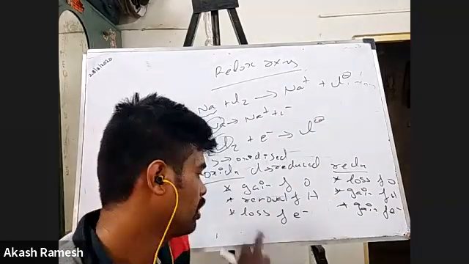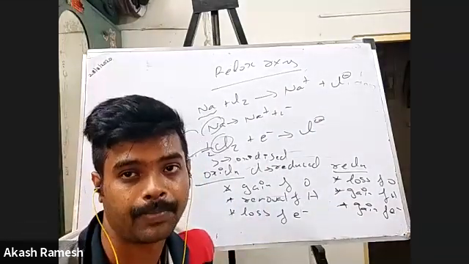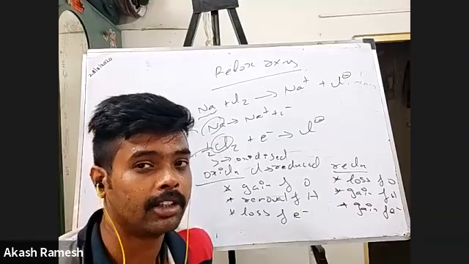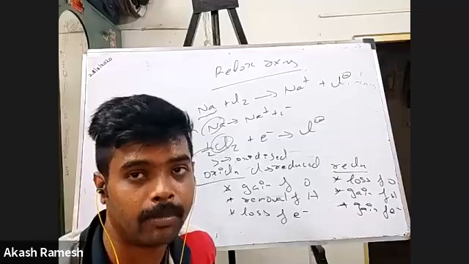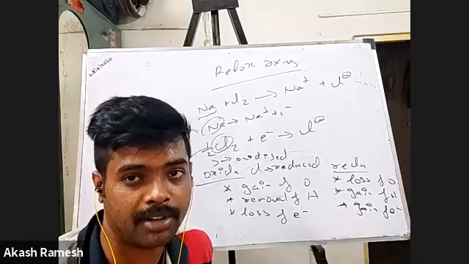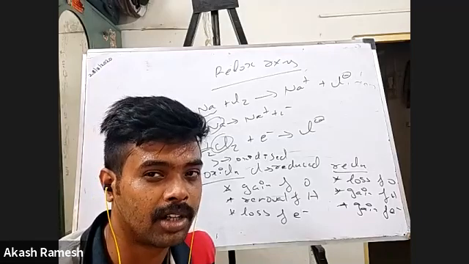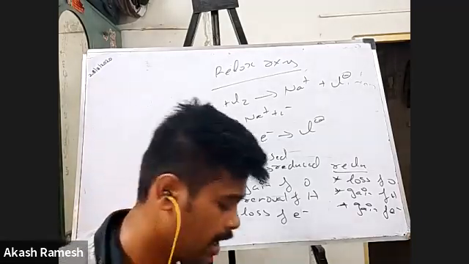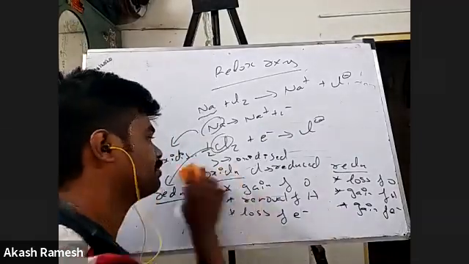That's why electrons are also involved. As I proceed, you will understand there is one more way to define oxidation and reduction, in terms of something called oxidation number. But before that, we will see certain definitions which you have to know.